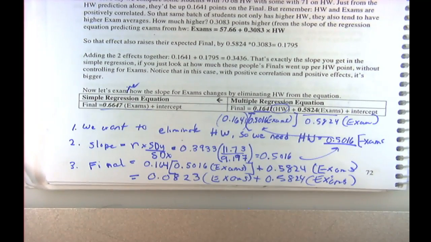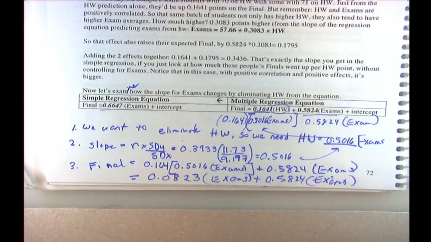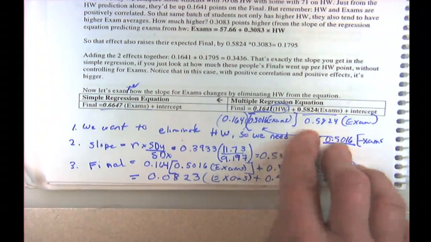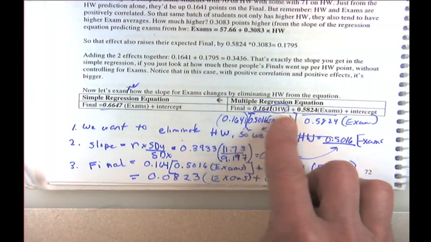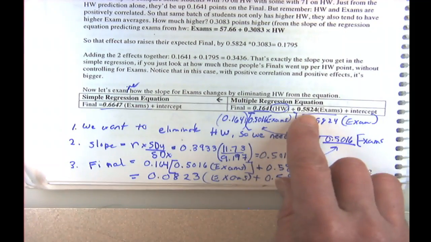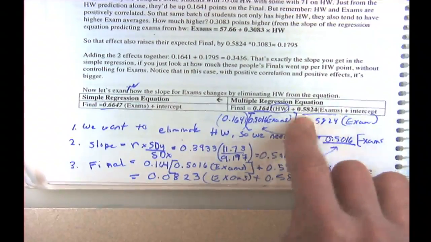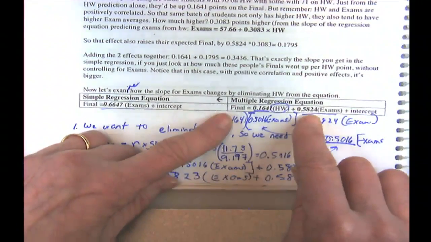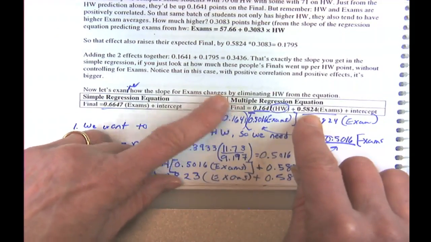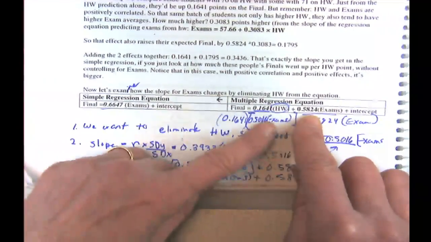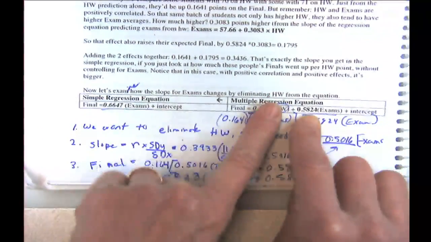I just thought it would help you understand what we mean by controlling for the other variable. And what we mean is that for everybody, this slope means that 1 extra point on your exams, on the average, will lead to 0.5824 more points on the final for people who have the same exact homework score.